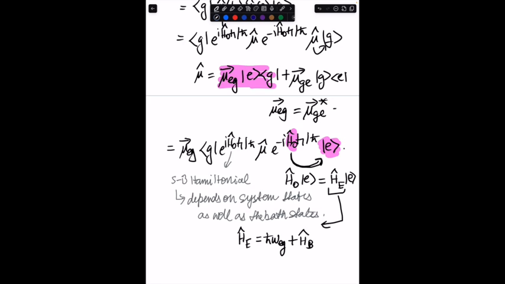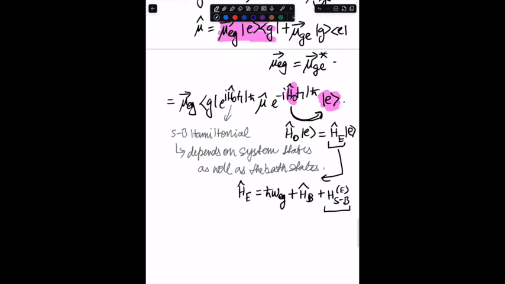And then you have your system bath coupling for that particular state E, which is just mu hat Eg, right? And then this mu hat Eg will again have to act on the bath states. So, to recall, this is your fluctuation and transition energy of your excited state.